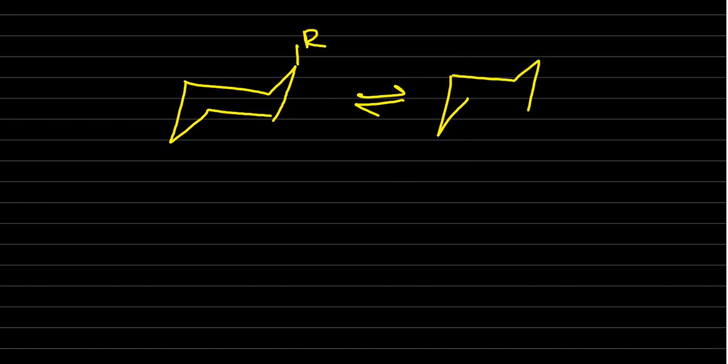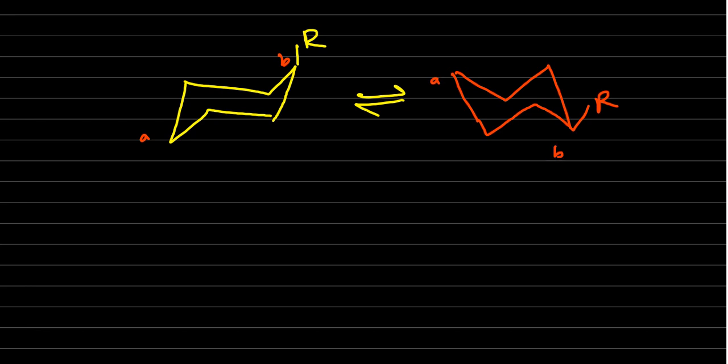One more piece of information: suppose I take an axial position with one R group, and an equatorial position R. For this flipping, this is the A position and this is the B position. So obviously the equatorial is more stable.